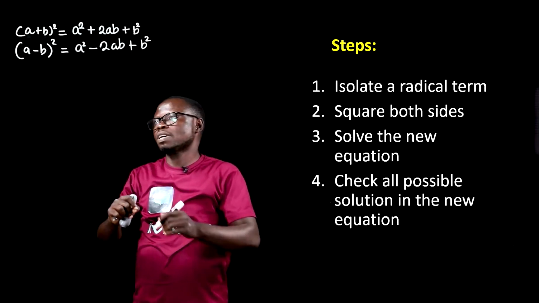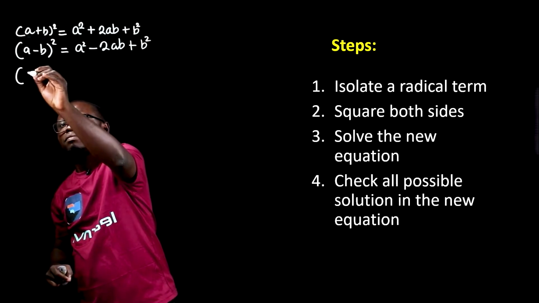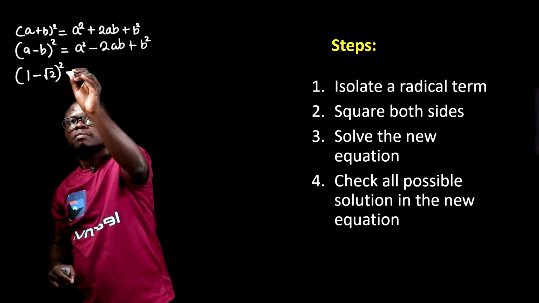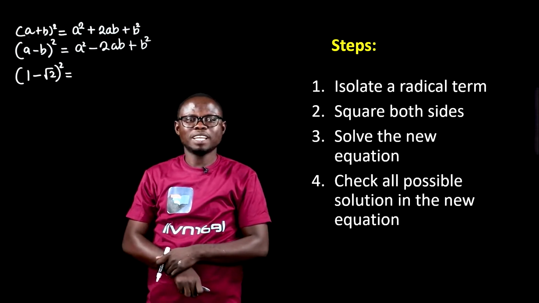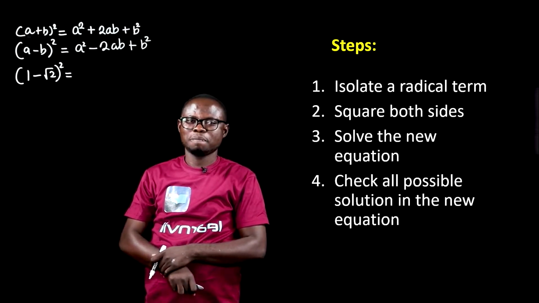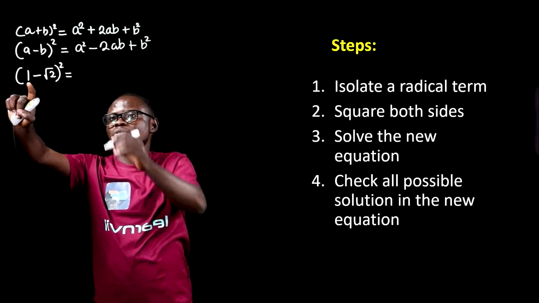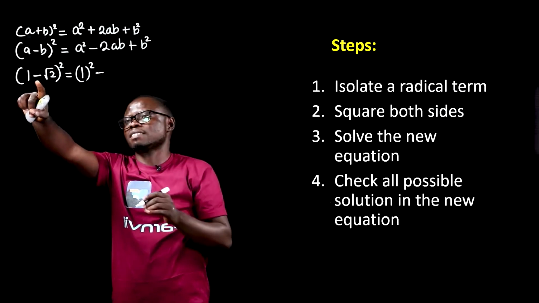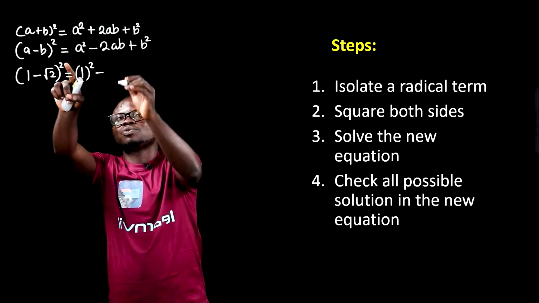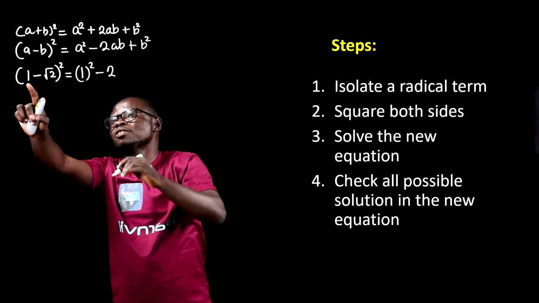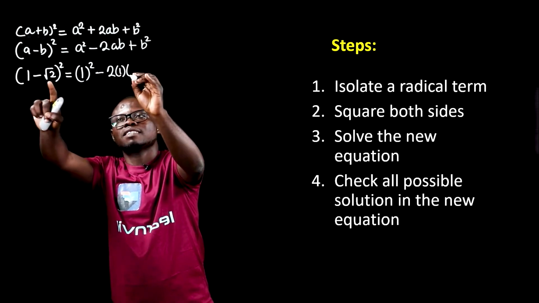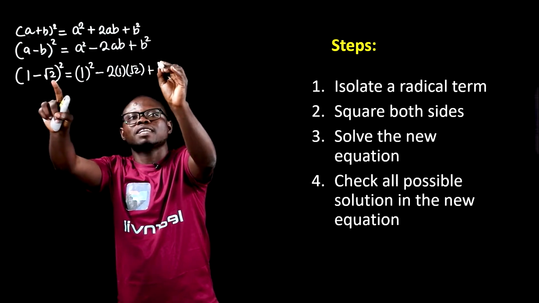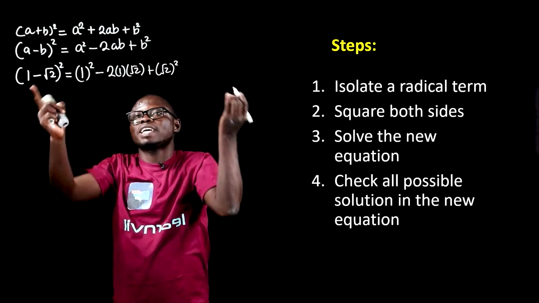Let's try on this one. One minus root 2, squared. Pick the first one, 1, square it. It is minus, write this 2, multiply the first and the second, plus, pick the second one and square it.